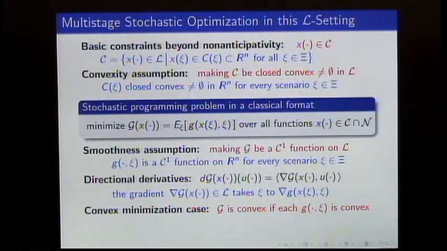And you can see that the gradient of a function on L will be a member of the space L, so it's a mapping that takes a scenario to the gradient in x with respect to that scenario. And then if these functions are convex, I would have a convex function. So I'd be minimizing here a convex function over that intersection. So this would be a multi-stage stochastic programming problem.